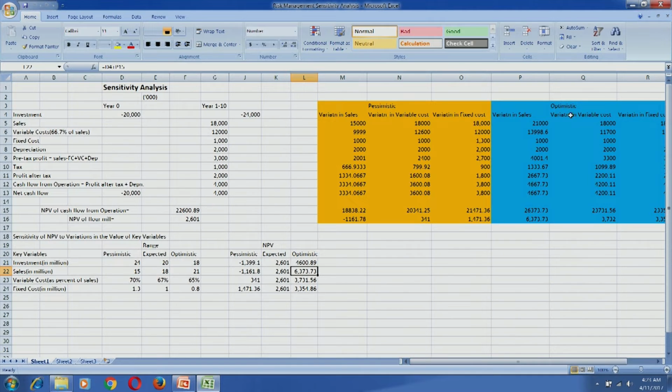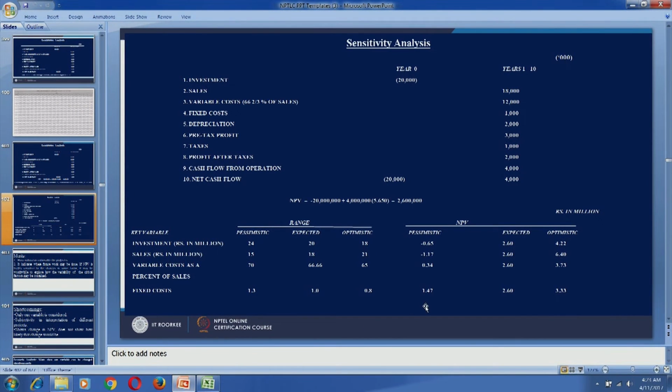Similarly for other variables also you can find out NPVs, right. So this is nothing but sensitivity analysis. Now I hope that you would have understood how to do sensitivity analysis. So let me check where these values are in our PPT, right. So this is minus 1161, yeah. So this somewhere here.